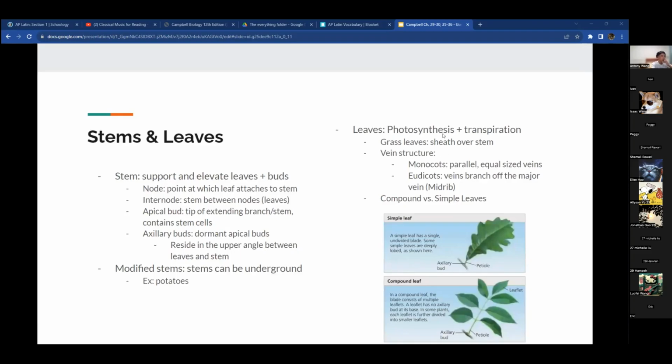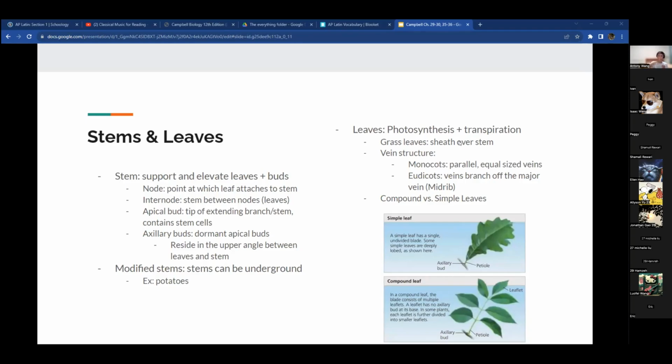The main job of leaves is photosynthesis and transpiration. We'll get into both of these. Grass leaves have a sheath over the stem. That's a niche example. So if you look at a blade of grass, its stem is actually within that blade.